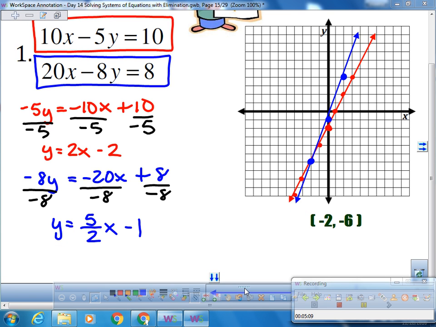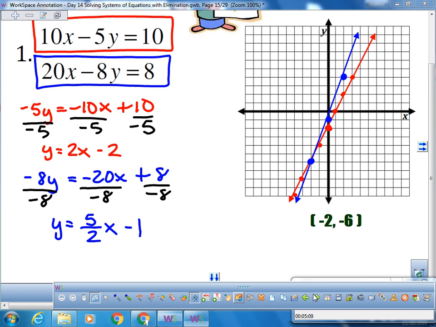Negative 2, negative 6? Negative 2, negative 6. Okay? It's a lot of work, huh? But it's no new learning, correct? You've learned this in Algebra 1, right? You've learned how to graph lines. Like all of this is just, now we're just tying it together with the conics. All right.